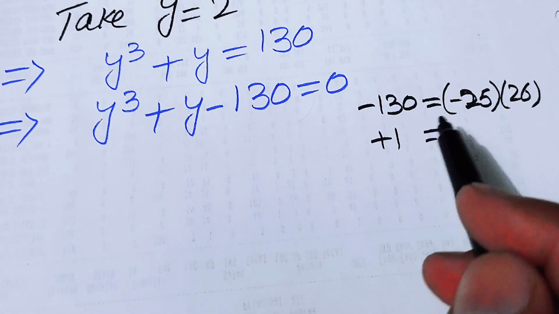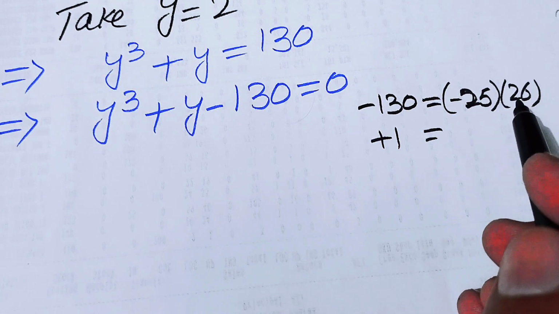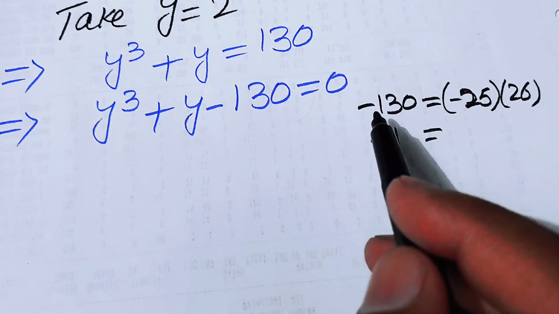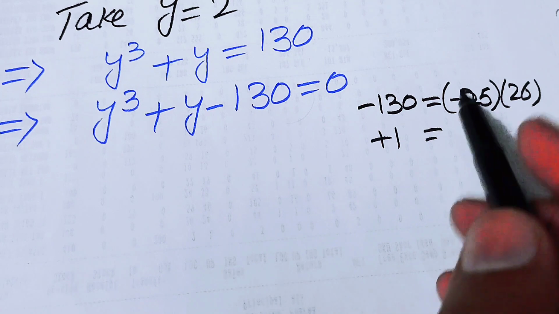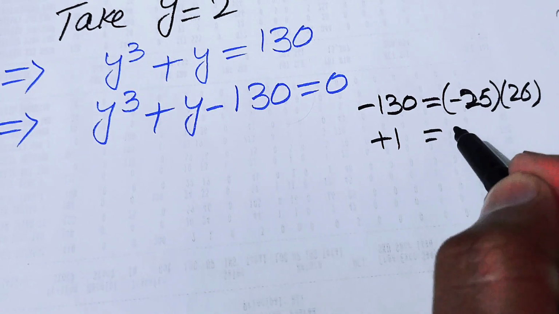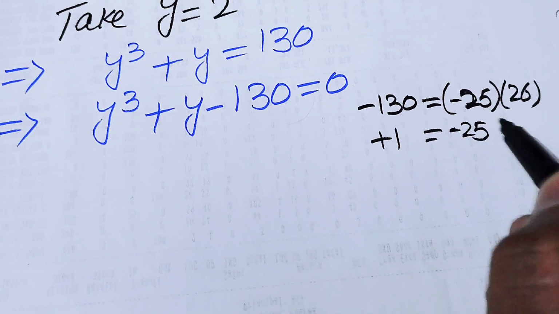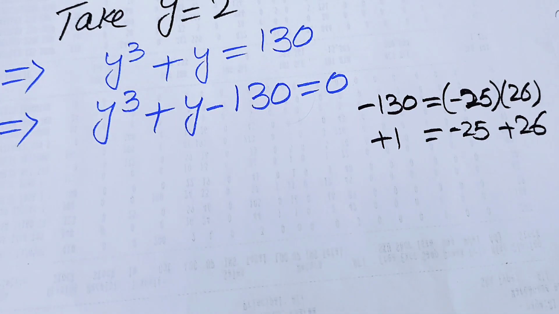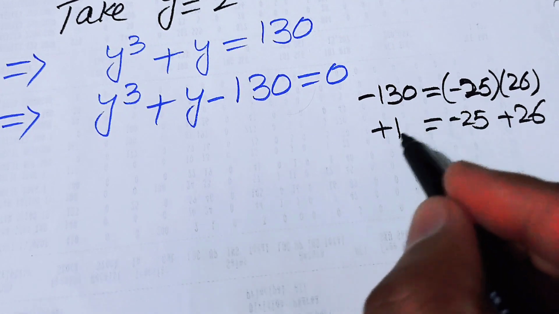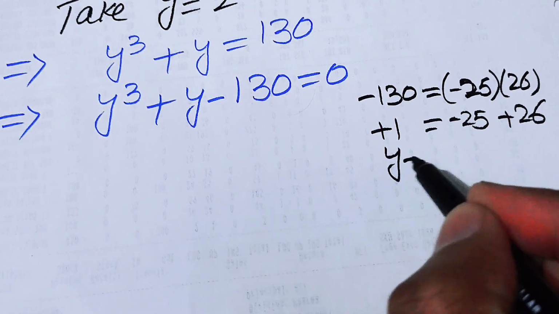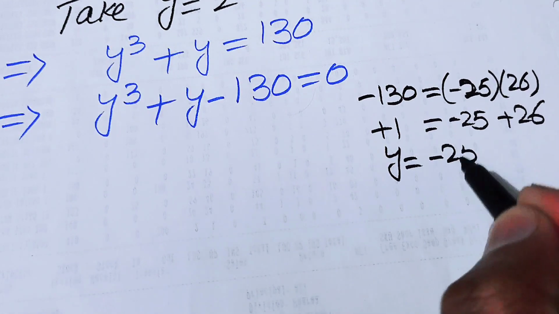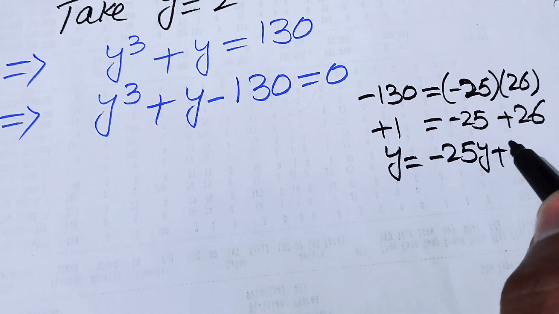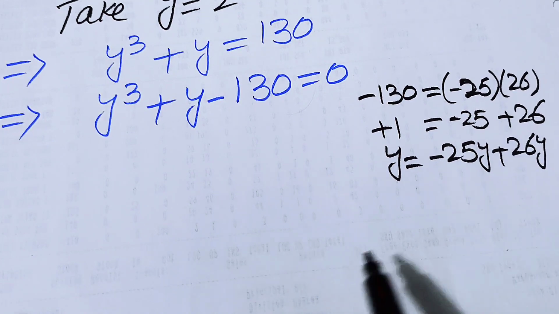So when you multiply minus 25 by 26, you get minus 130, and when you add minus 25 and plus 26, then you get plus 1. So here you multiply this term by y and you get y is equal to minus 25y plus 26y.